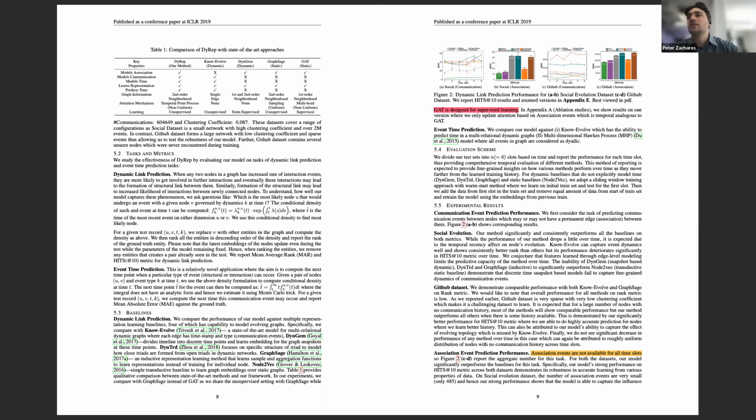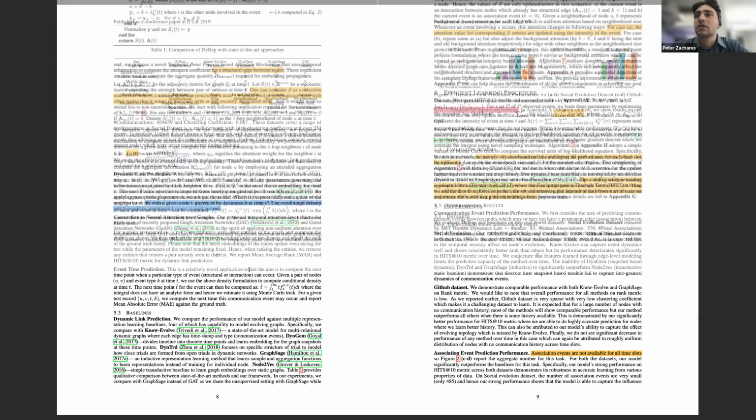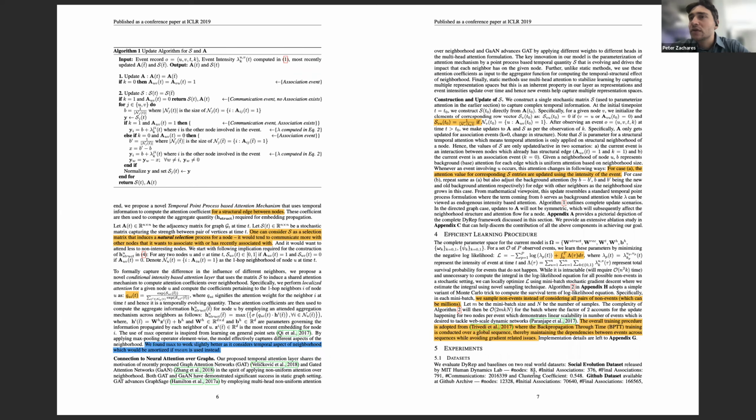One of the data sets that they perform their experiments on is called social evolution. Apologies, I'm just trying to find where they describe it. Okay, they don't really describe it, but basically it's a community that changes over time, and the reason there are associations versus communications is, for example, take Facebook.